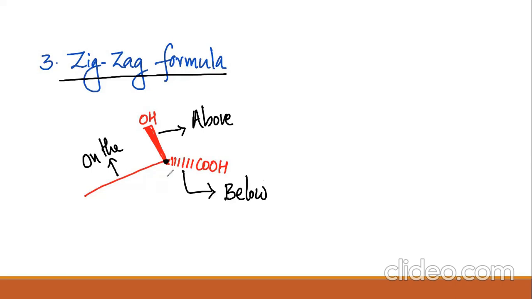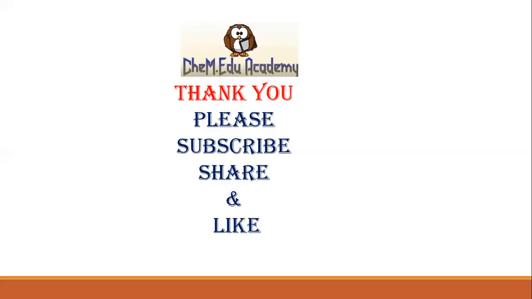So the main difference between this zigzag formula and the flying wedge formula is that in the zigzag formula we won't represent the hydrogen bond. Okay, we won't represent the hydrogen in that structure. Clear?